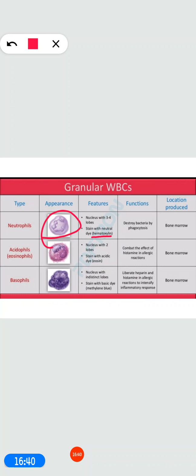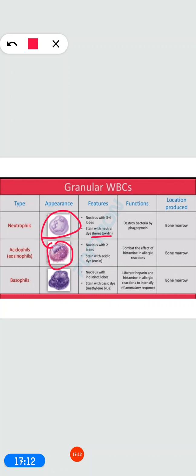And acidophils, which is eosinophils, appearance is like this and the features are nucleus with two lobes stained with acidic dye, and this dye is known as eosin. The function is to combat the effect of histamine in allergic reaction and the location produced is bone marrow.